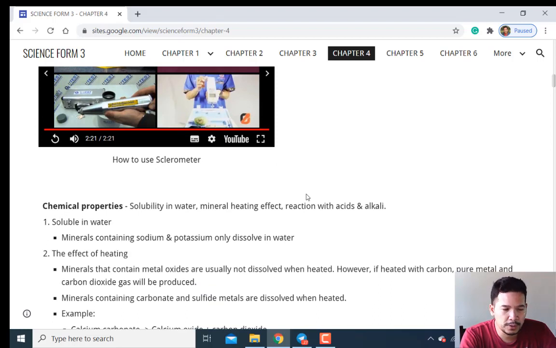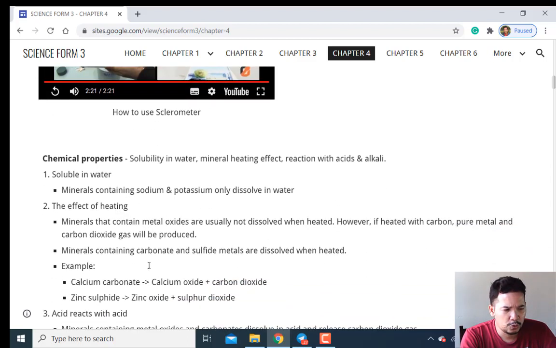For chemical properties, we have solubility in water, mineral heating effects, and reaction with acid and alkali. Number one is solubility in water. Minerals containing sodium and potassium dissolve in water. For the effect of heating, minerals that contain metal oxide usually do not decompose when heated. However, if heated with carbon, pure metal and carbon dioxide gas will be produced.